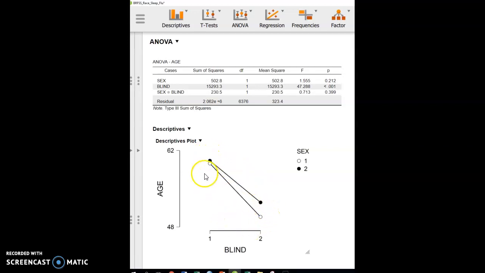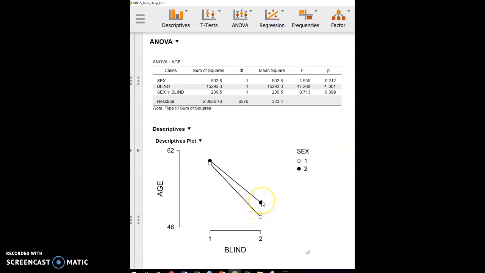Keep in mind, it helps me to remember that each of these dots represents a group of people. So for example, this white dot right here would be the males who are not blind. And the height of that dot is going to tell you what age there is. So it looks like the average age of the non-blind males in this study was around 50.